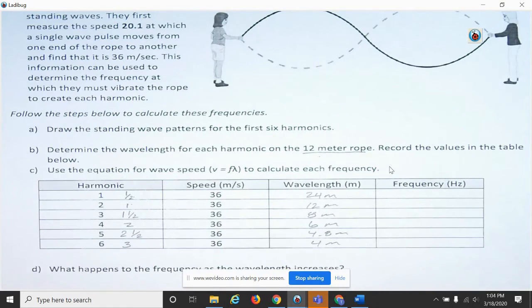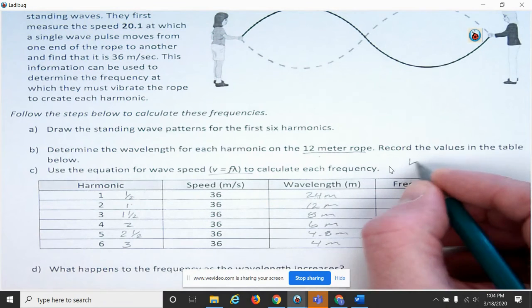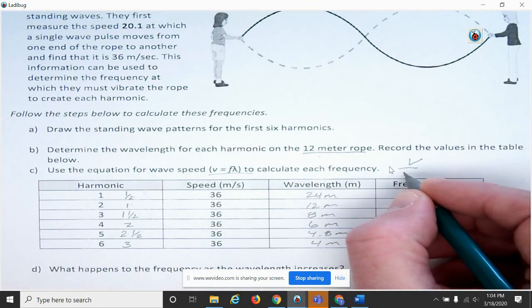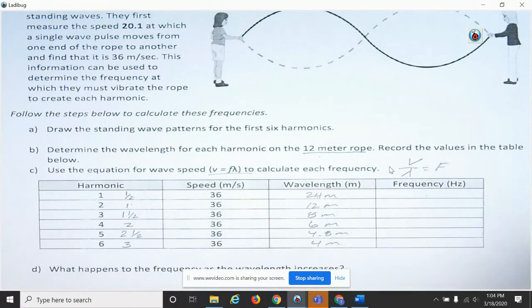Now, the next thing we want to do is calculate the frequency for each one. Here's our speed, here's our wavelength, and what we're going to calculate is frequency. So velocity divided by wavelength is going to equal frequency.